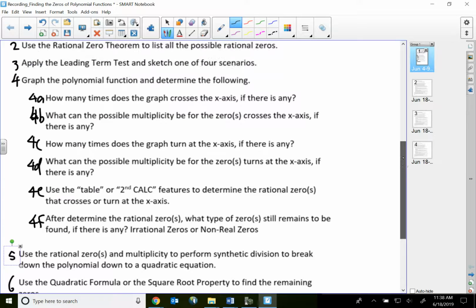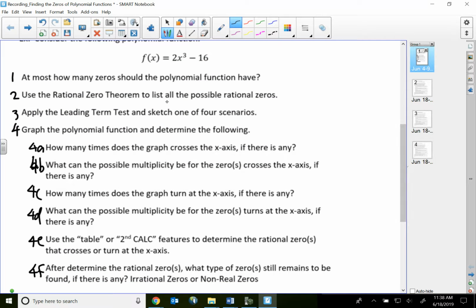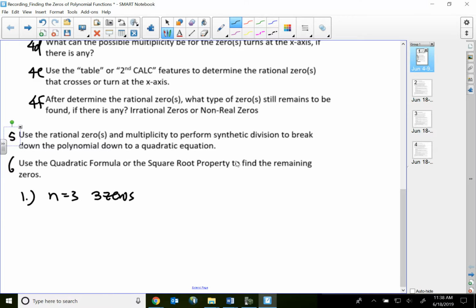Okay. Number 2, use the rational zero theorem to list all the possible rational zeros. So my function is 2x to the third minus 16. The rational zero theorem says to do p over q. Let me write the problem down right here: 2x to the third minus 16.